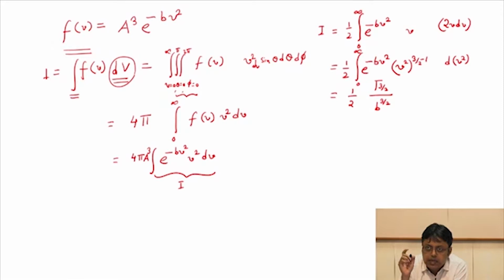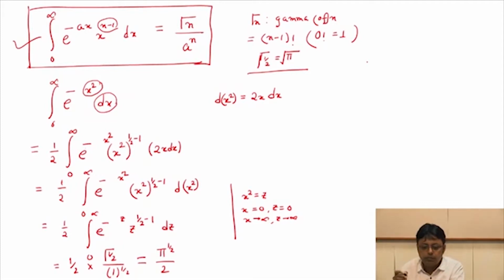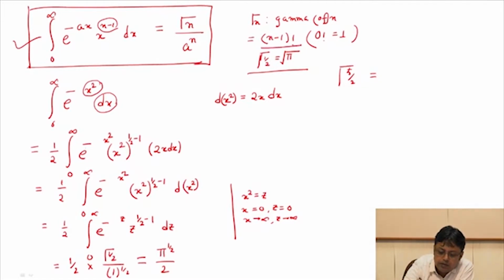Then you can easily see what is gamma 3 by 2. Gamma n is n minus 1 factorial. Let us go once again. Suppose I have gamma 5 by 2. I can write gamma n as n minus 1 gamma n minus 1, which is basically n minus 1 into n minus 2 into gamma n minus 2.